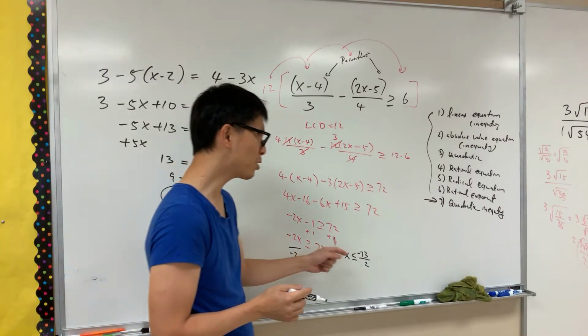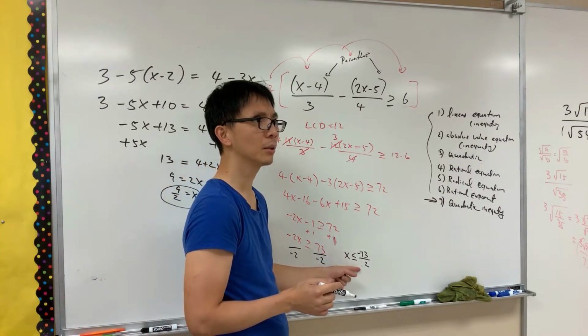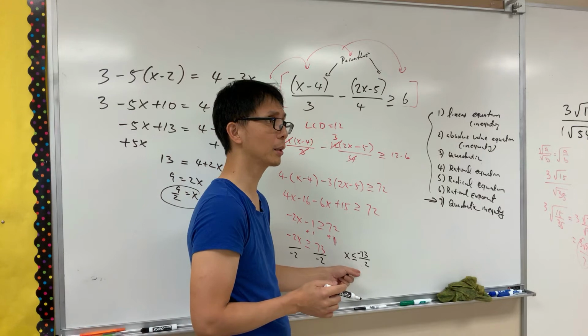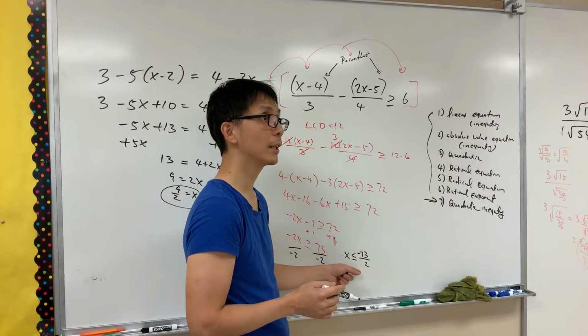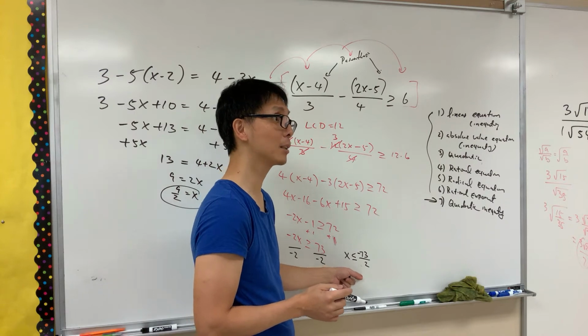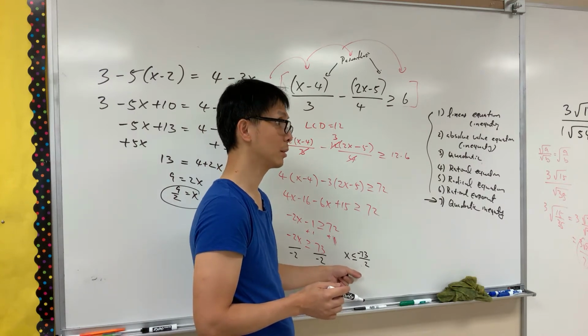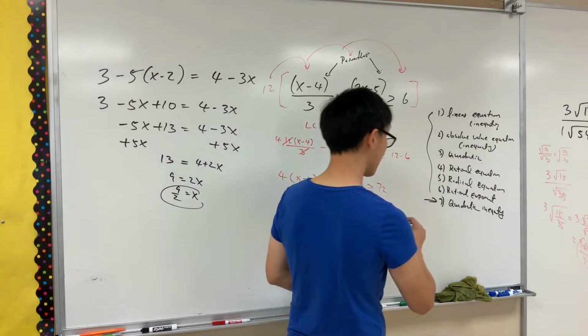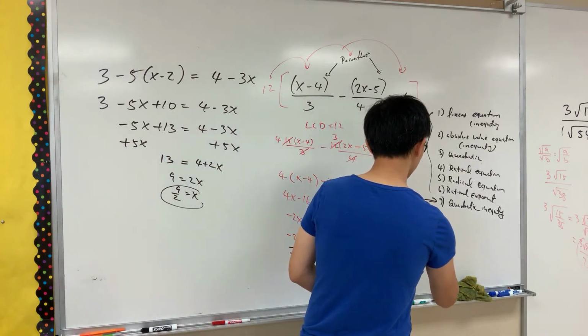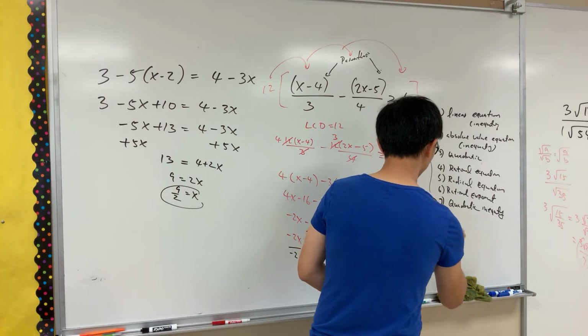But does that mean one number? Or what does that mean? How many numbers are there? There actually means an infinite amount of numbers. Because if I graph it, those are the graphic solutions.